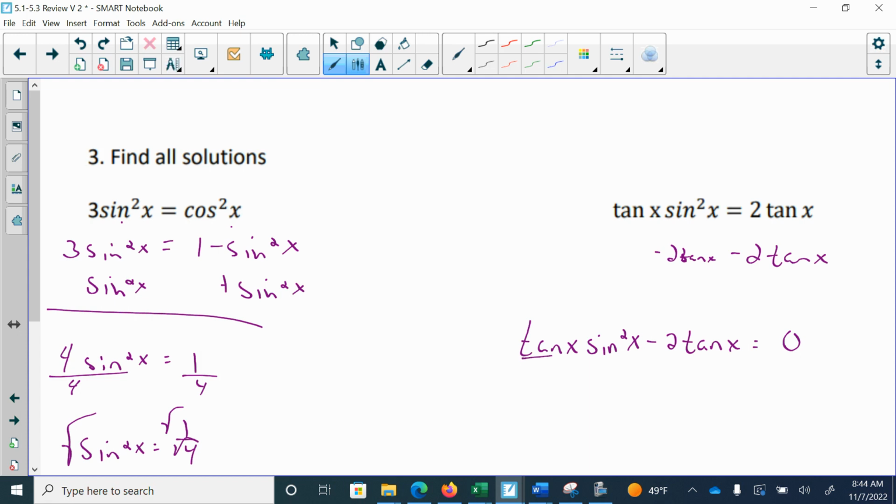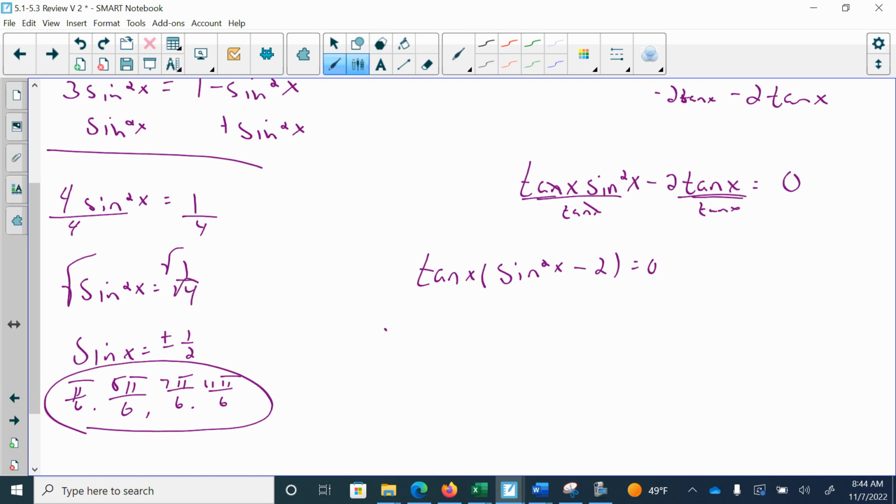Here I notice that I can factor out a tangent of x, so I'm going to go ahead and do that. When I factor it out, I'm going to end up with sine squared x minus 2 is equal to 0.